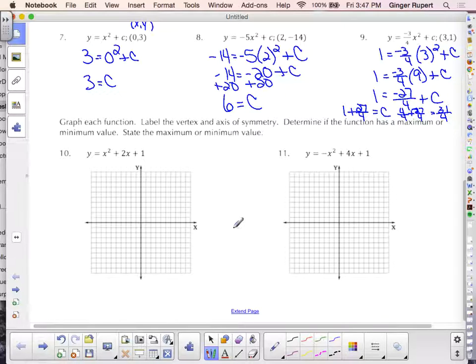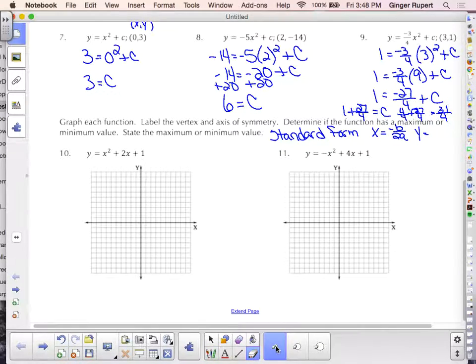So for these types of problems, where my equation is in standard form, not vertex form, I have to use x is equal to minus b over 2a, and y is equal to the function, or actually let's make that function notation.